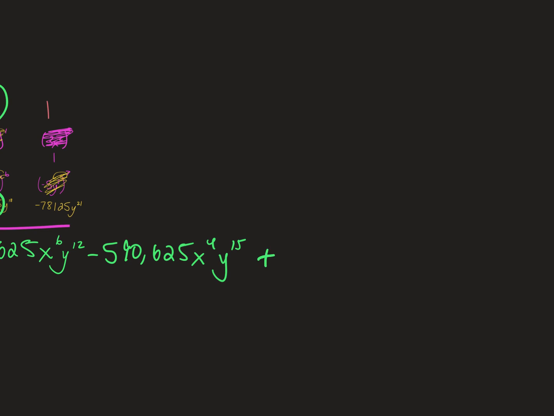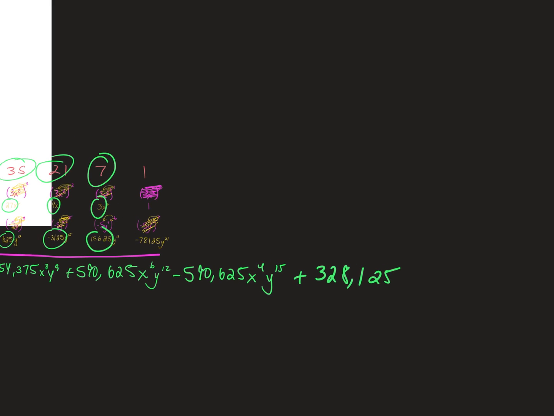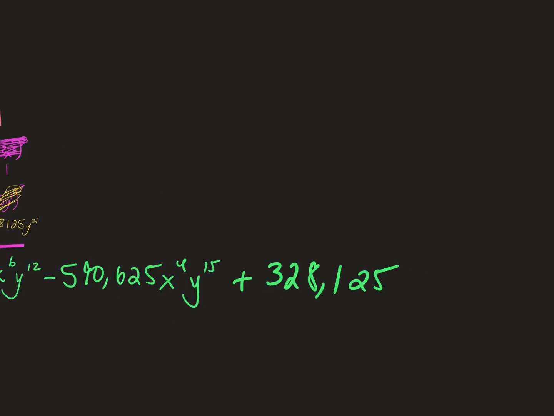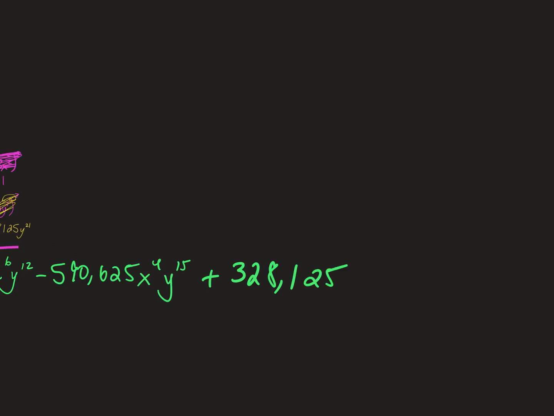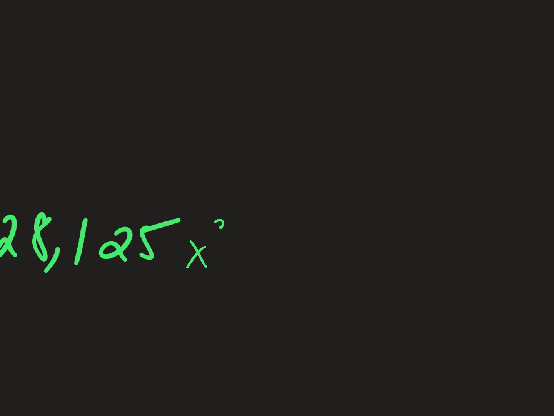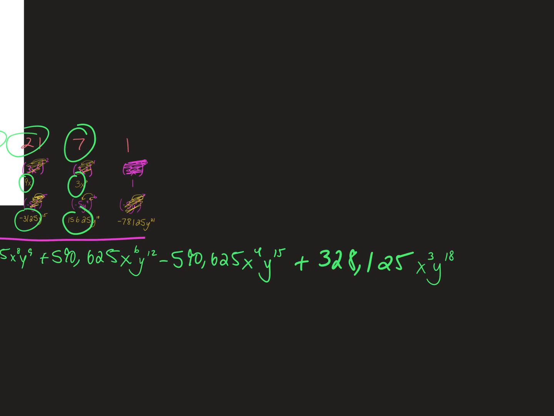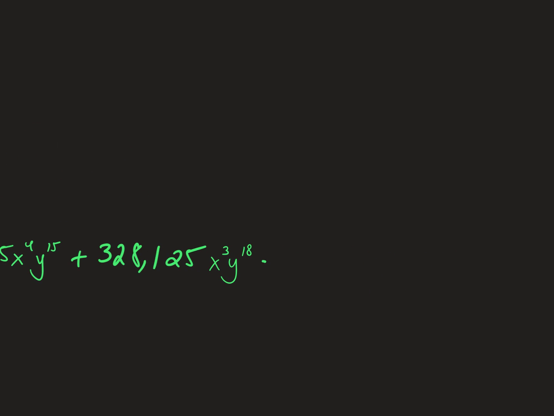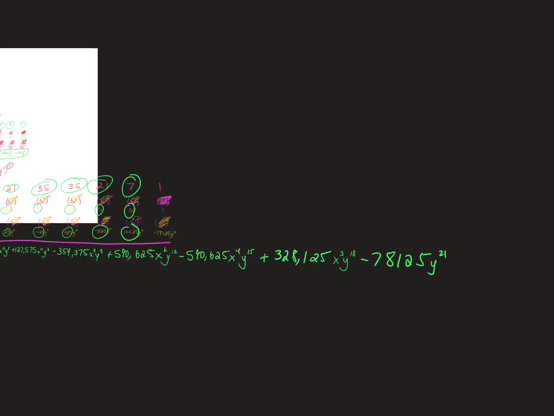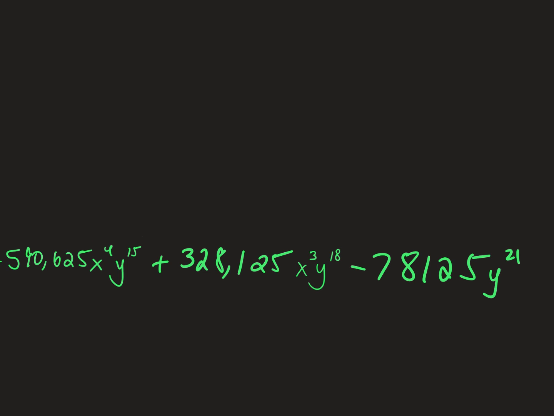So plus 328,125, X to the 3rd, Y to the 18th. And then last but very not least, minus 78,125, Y to the 21st. Did I put 3? I'm sorry.